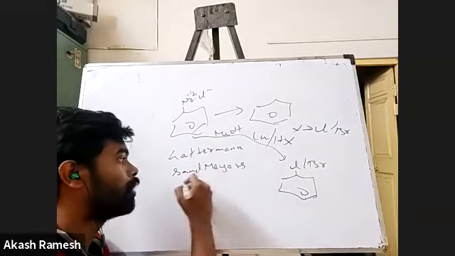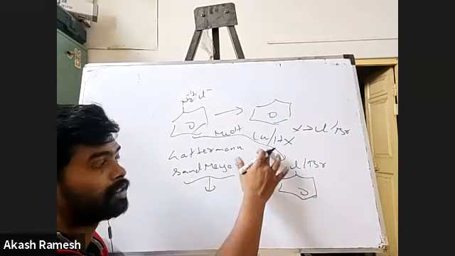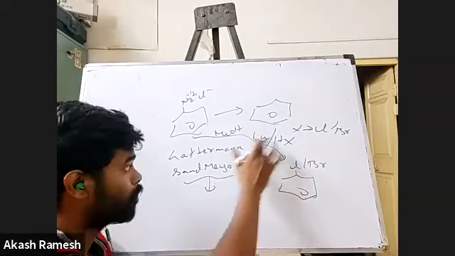The same thing we'll use in Sandmeyer's, but the only difference is the reagent. What is the difference between Gattermann and Sandmeyer's?